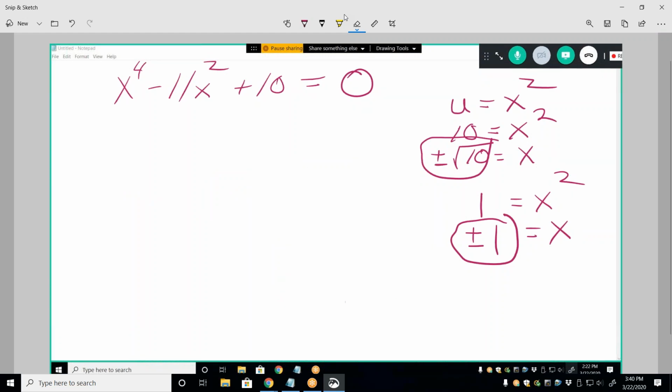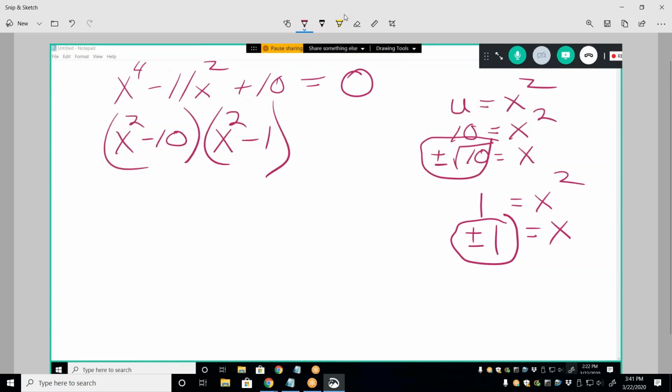So if I'm looking at a quadratic, can't I also factor it this way? Does that not give you exactly the same thing? Yeah. Okay. And now I'm going to set that equal to 0.